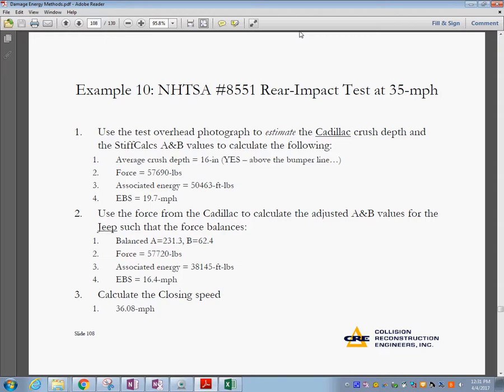So the idea is to calculate the average depth of the system.